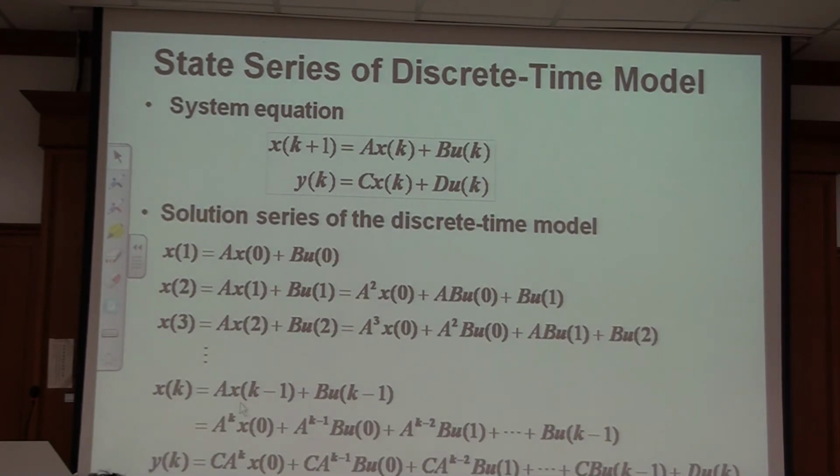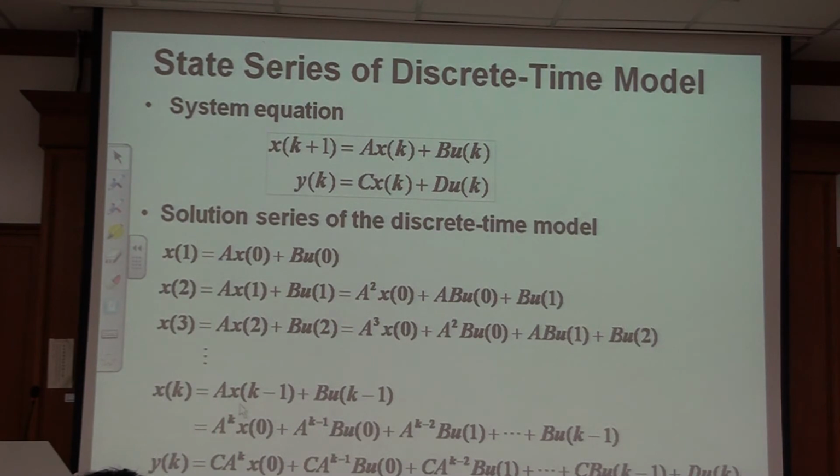A to the k x0. And so if x0 equals 0, then of course a to the k x0 equals 0.